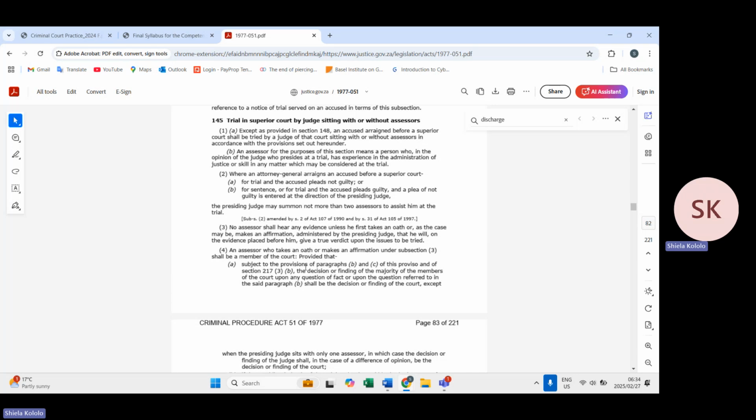They are sworn to give a true verdict based on the evidence that is before the court. So, for example, in a trial involving a complex financial crime, an assessor with a background in finance might be called to help the judge understand the intricate issues and financial transactions. So that would be the role of an assessor. They are also there to assist the court.